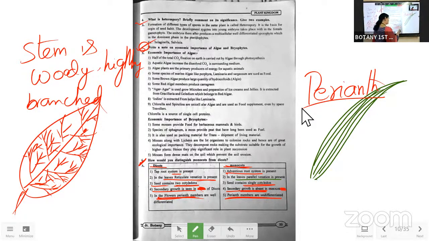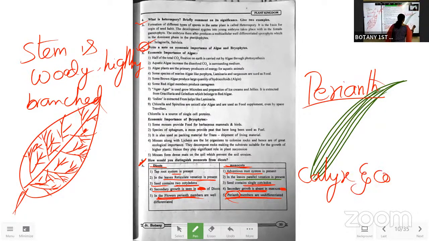Otherwise, if you don't know the word perianth, you can say sepals and petals are undistinguishable in the monocot, whereas clear sepals and petals can be seen for the flowers in the dicot plants. That much you have to write over here.